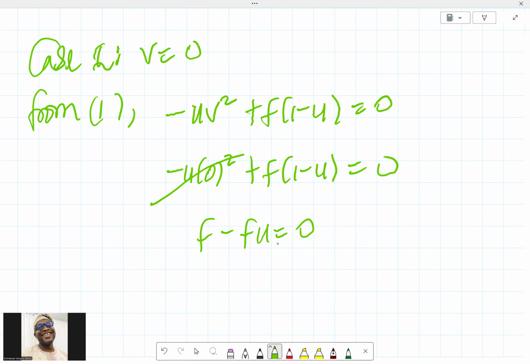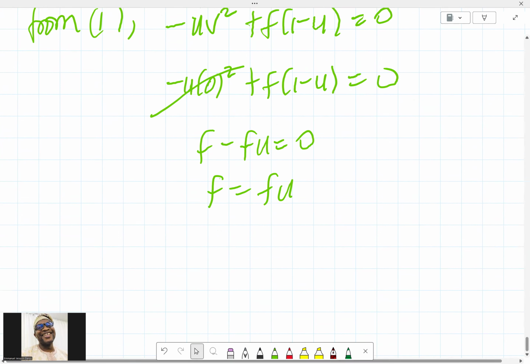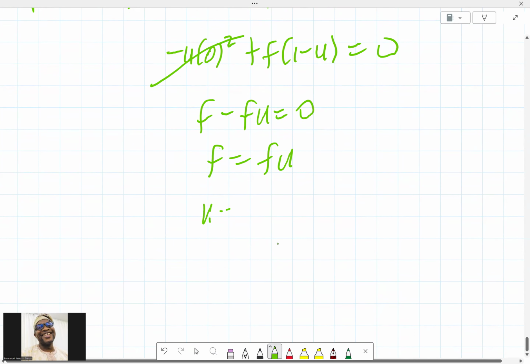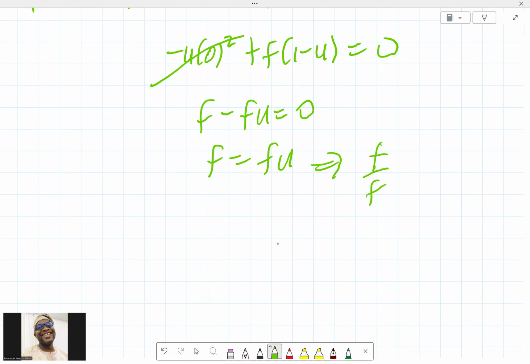So that means that we can easily get our u here. So we have f equals fu. Divide both sides by f: f over f equals fu over f. This cancels.